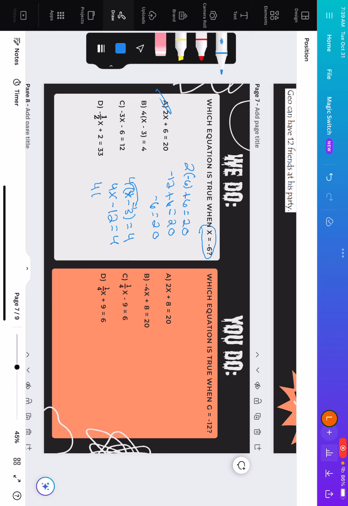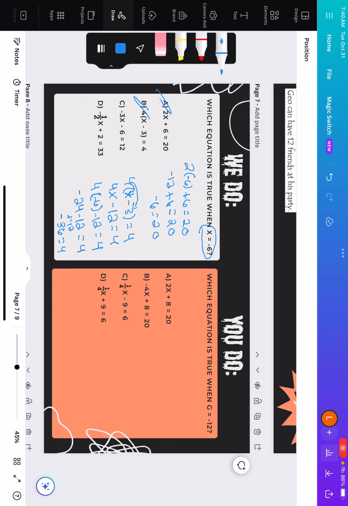So 4 times a -6 minus 12 equals 4. So 4 times a -6, -24 minus 12 equals 4. Well, here remember I have to add the opposite, plus a -12. So it would be a -36 equals 4. Is that correct?